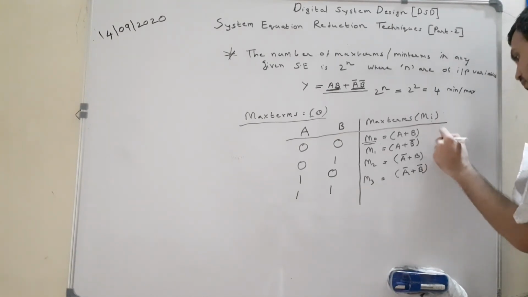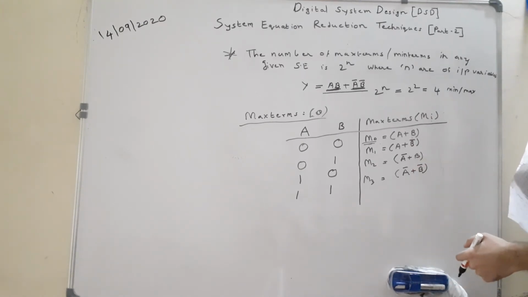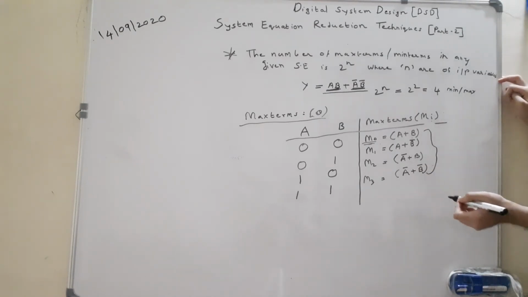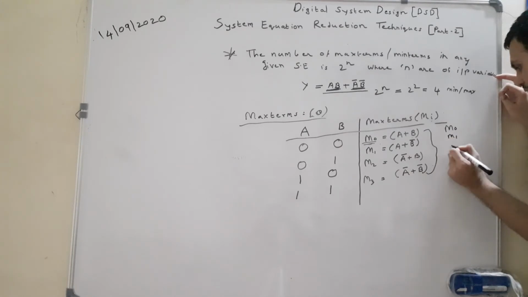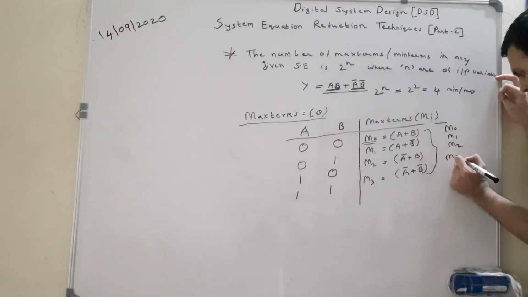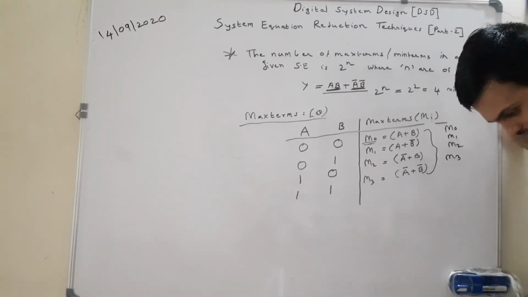So we can say there are 4 max terms present in this particular table. So the 4 max terms are M0, M1, M2 and M3. Now there is a way to represent max terms also. So we will understand that way first.